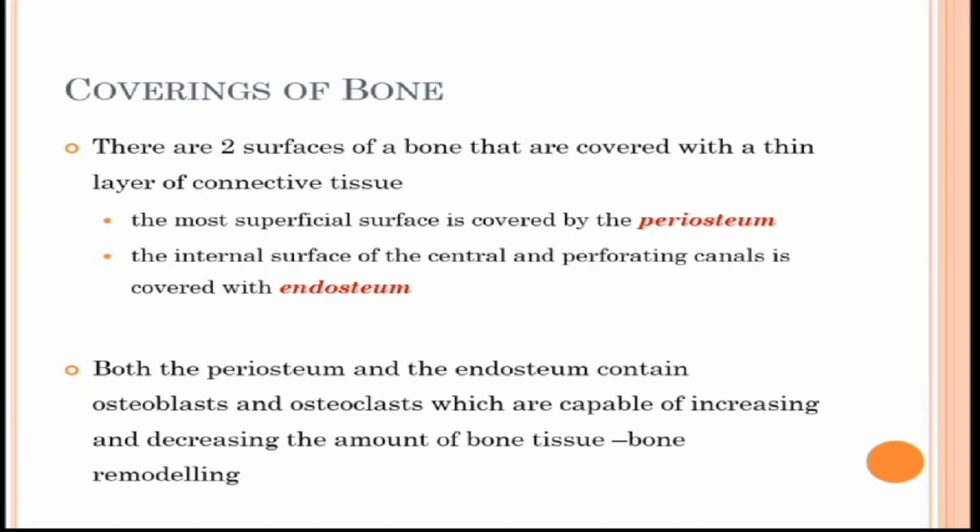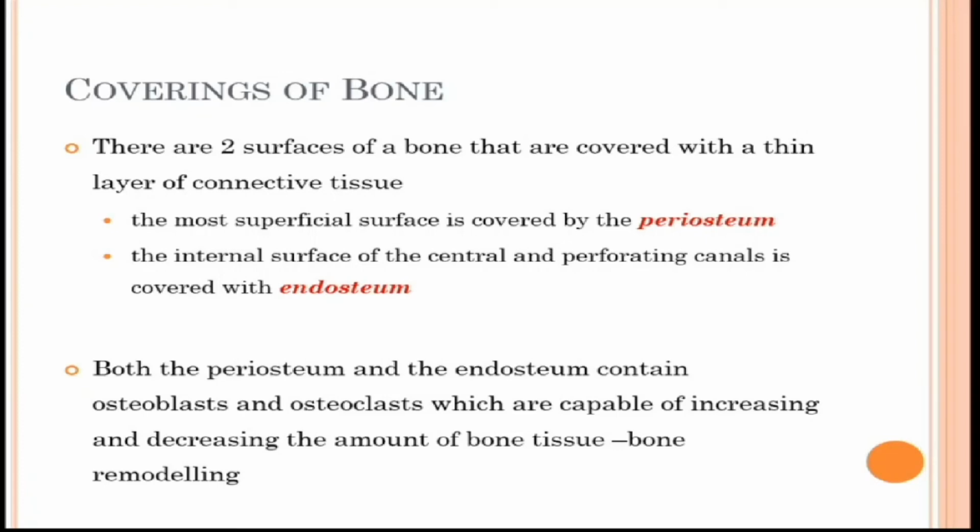Right? So remember the bone. Imagine the structure of a long bone. When you crack them horizontally, you see a cavity within. So there are two surfaces of the bone. One is the external surface, and one is the internal surface. The external surface is covered with a membrane or a layer called periosteum, whereas the internal surface is covered with similar tissue, but because it is on the inside, it is known as endosteum.